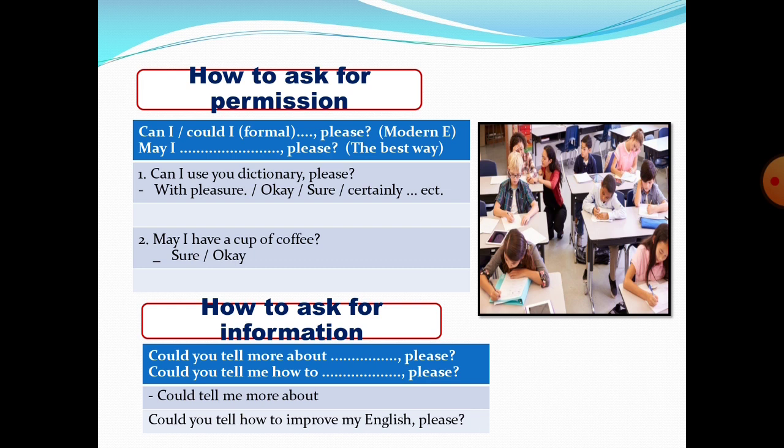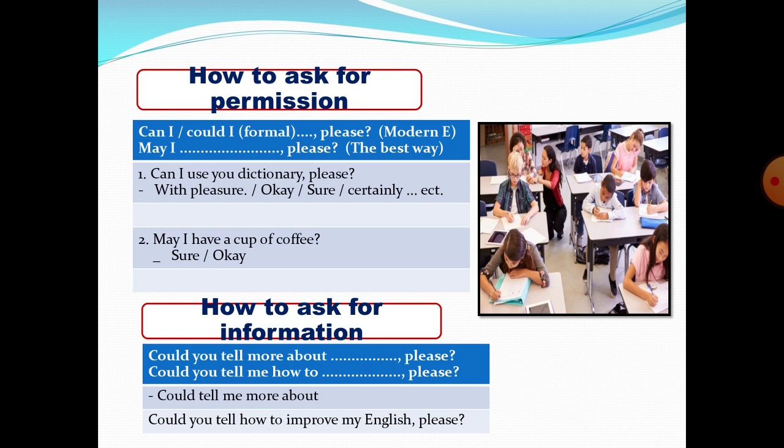That is the way to ask for more information. I have the first one here. Could you tell me more about? For example, we are talking about one of the characters of the novel, and you'd like to know more about, for example, Joan. So I can ask, Mr. Muhammad, could you tell me more about Joan? So here you are asking for more information.